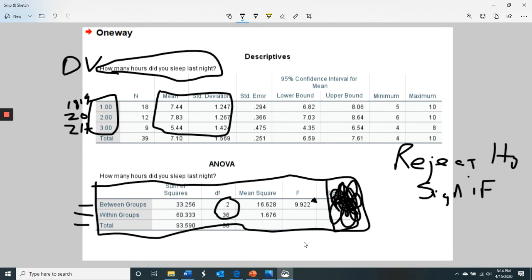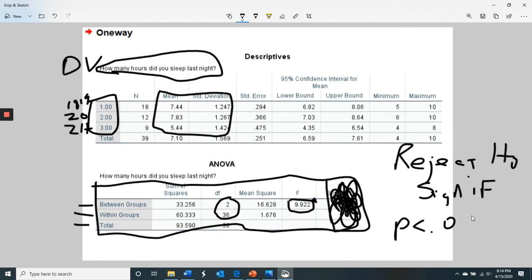So degrees of freedom between, degrees of freedom within. Add the parentheses, equals 9.92, that's our F here, comma, p is less than 0.05.